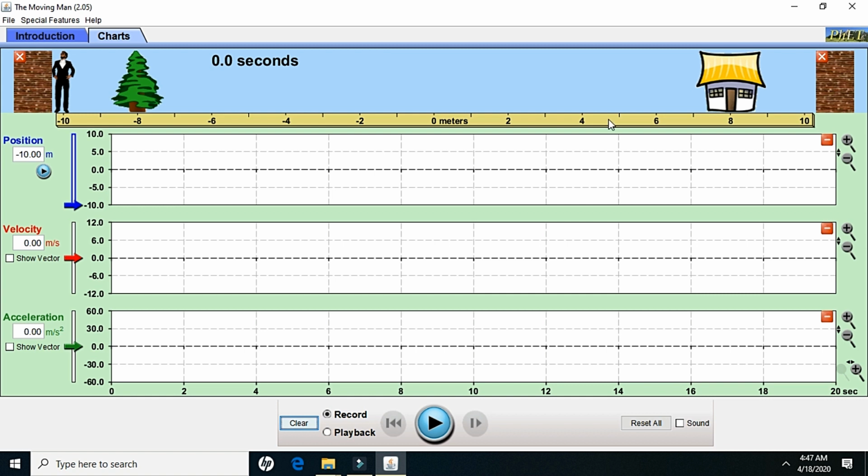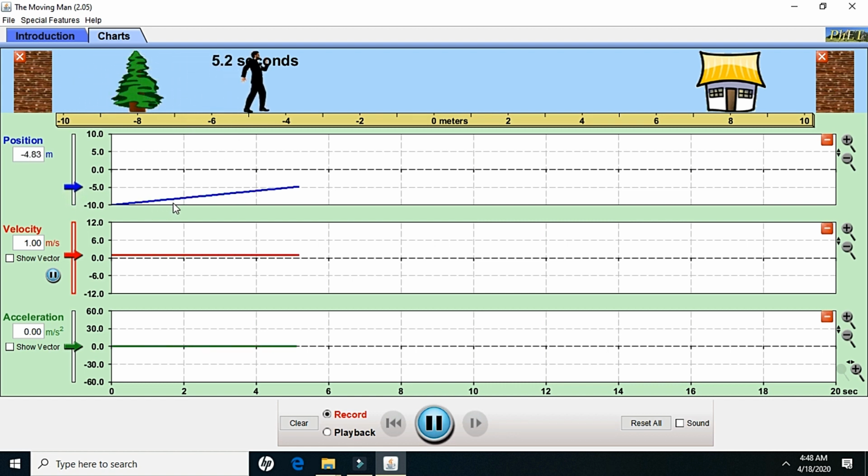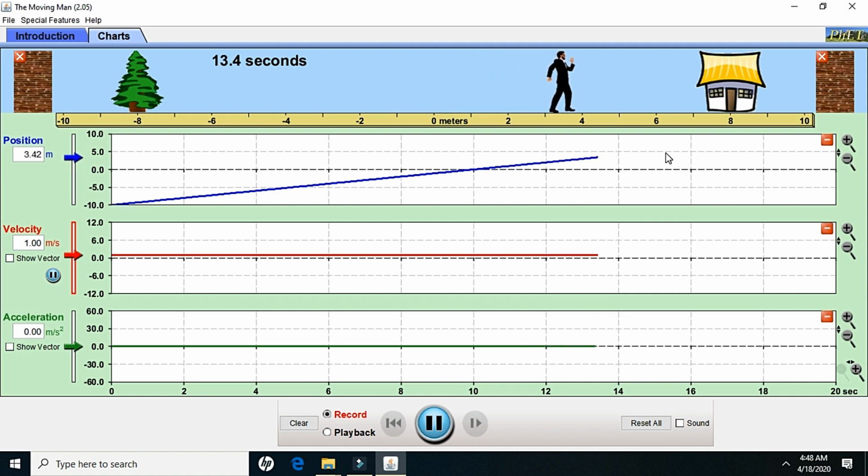Now I'm setting the velocity at 1 meter per second. Let us see what happens. He starts moving. As he goes further, this position graph is increasing because his position is increasing. He crosses the 0 point, and position keeps increasing, while the velocity is not increasing.